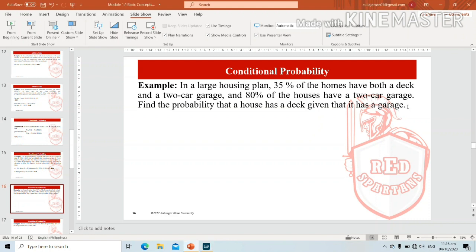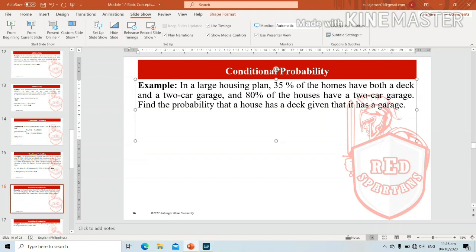Kunin muna natin, probability daw na yung house ay deck given G, yung garage. 35% home have both a deck and two-car garage, so 0.35 yung ating intersection.